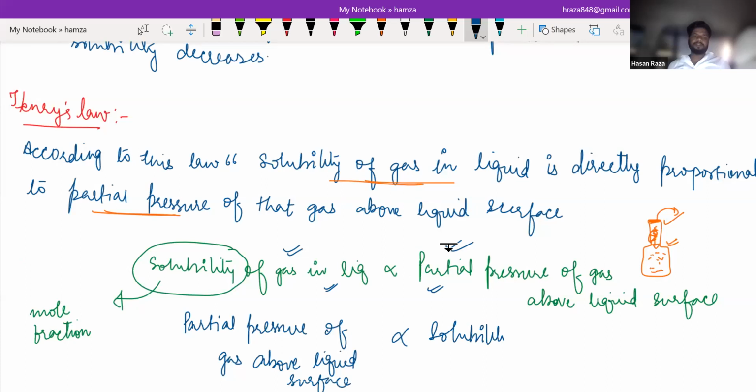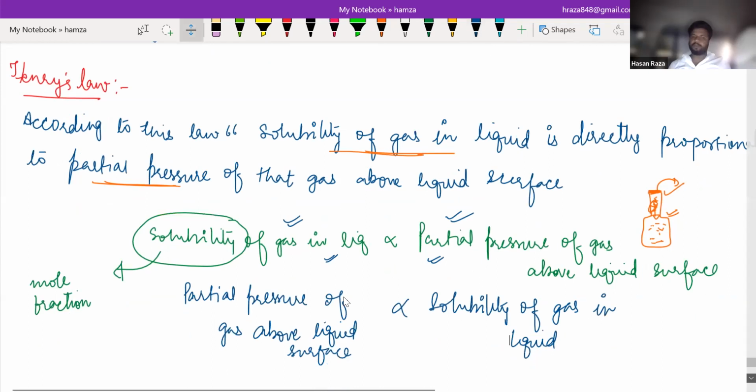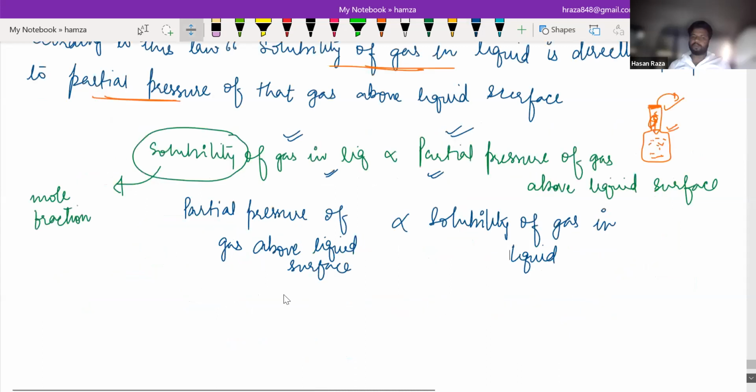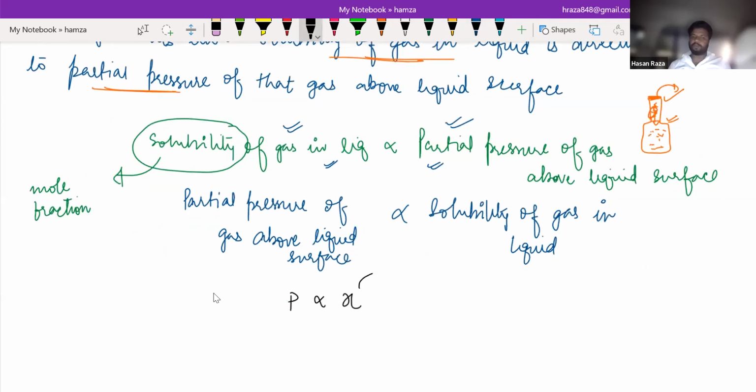If 1 is directly proportional to 2, that means 2 is directly proportional to 1. Again, partial pressure, I am going to denote it by P, is directly proportional to solubility, which is defined in terms of mole fraction. This is the mole fraction of gas, and this is the partial pressure of gas. We are talking both about a gas, partial pressure of gas above liquid surface.